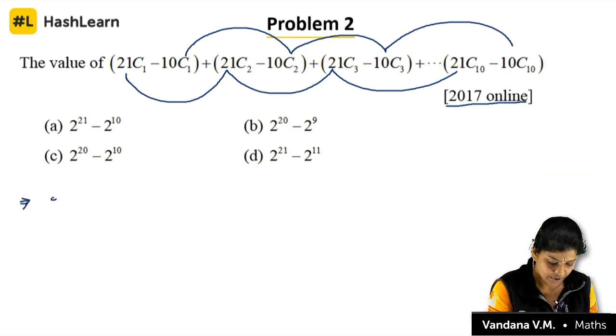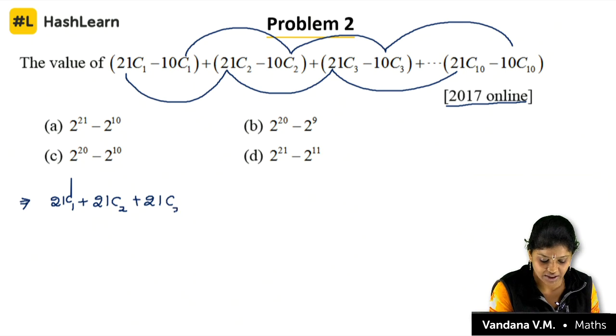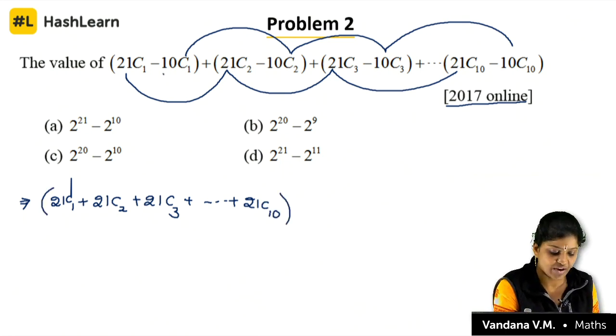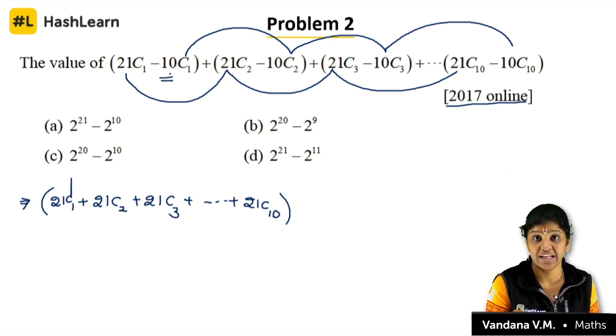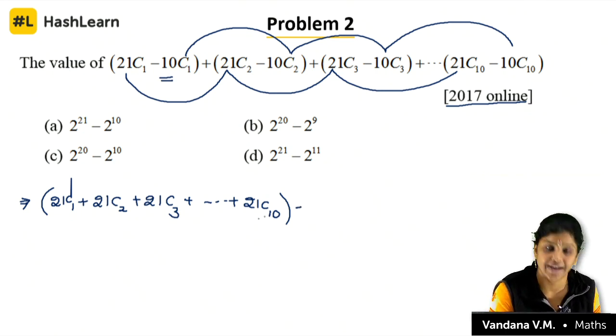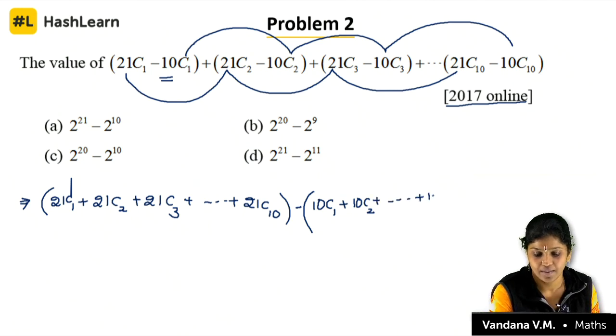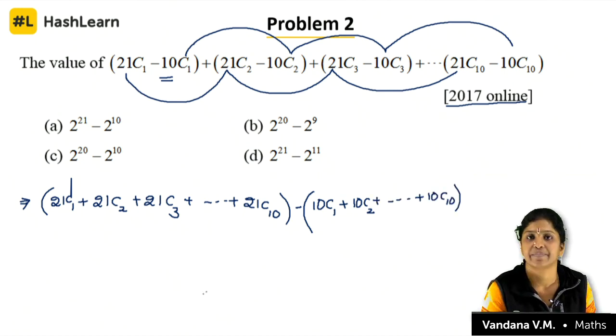So, given 21C1 plus 21C2 plus 21C3 and so on, plus the last term 21C10. Here everywhere for 10 minus is there. Please take out the minus common. Minus of 10C1 plus 10C2 plus so on plus 10C10.